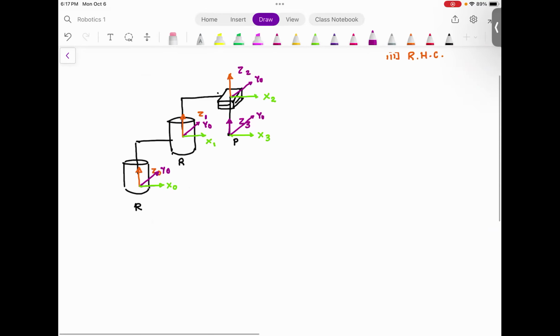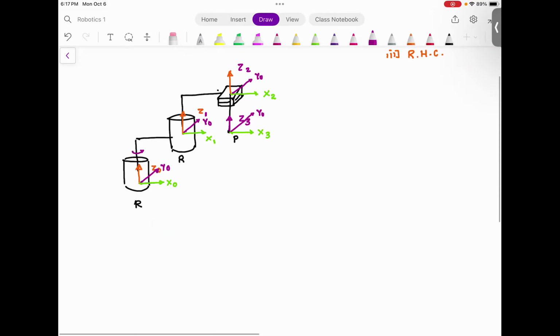So I'm going to start with this, theta 1, theta 2, and typically the extension is treated as D3. D3 stands for displacement. First joint, rotation theta 1, second, theta 2, and the extension is D3.